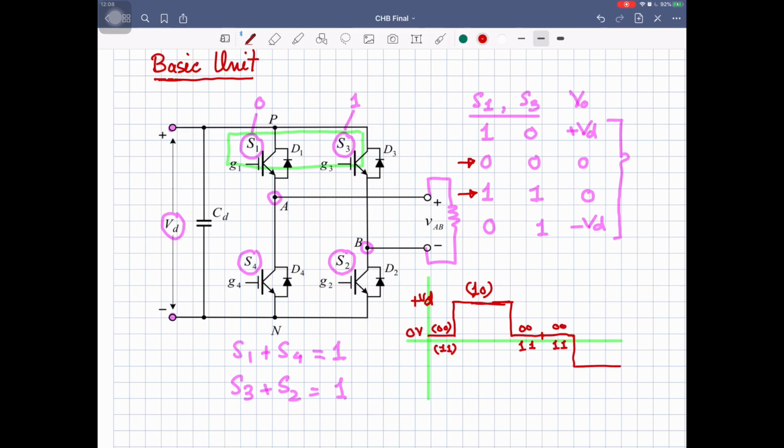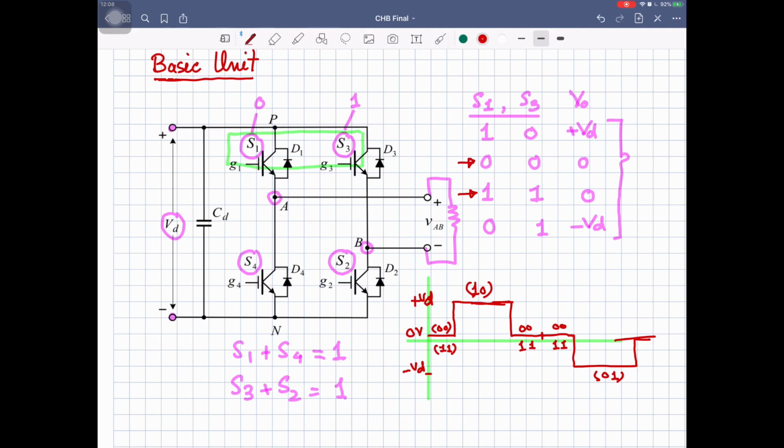Then to get the negative voltage, let's suppose minus Vs, which switching state will I have to apply? 0 1. If I apply 0 1, I will get minus Vd, or minus of your supply voltage. So in this way, by selecting the switching state, you can construct the desired output voltage waveform.